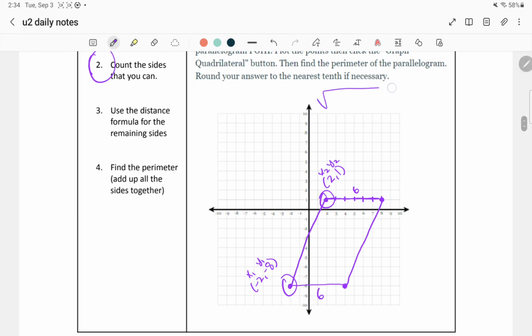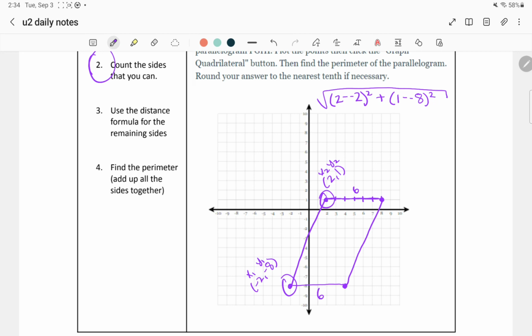We did this last class, so we're going to do it up here. x2 is 2 minus negative 2 squared plus y2 is 1 minus y1 is negative 8 squared.